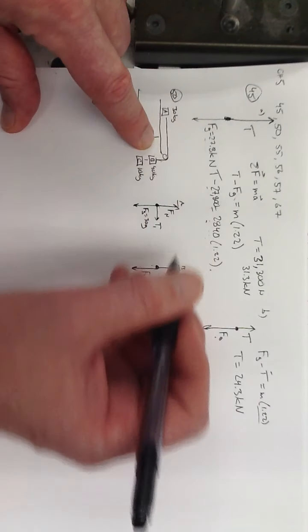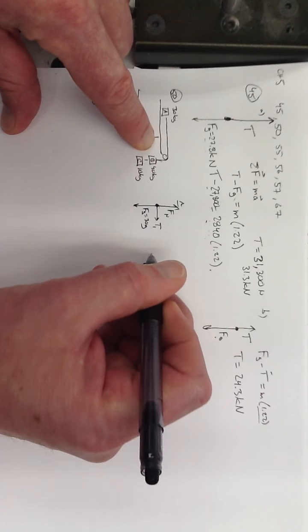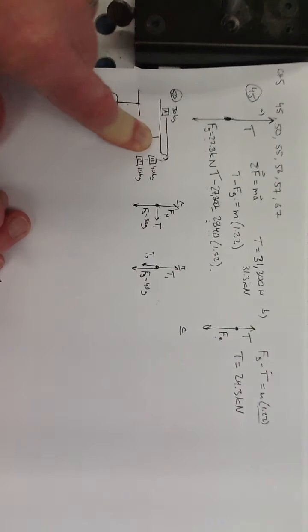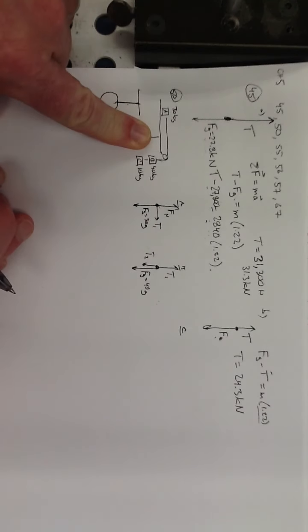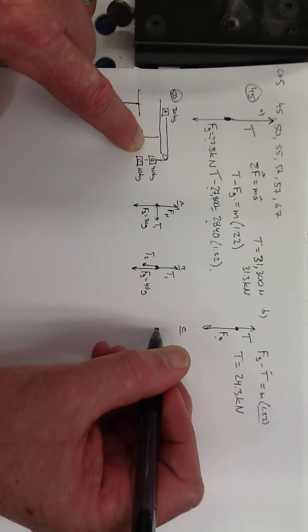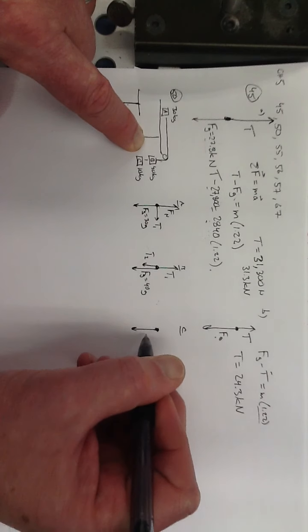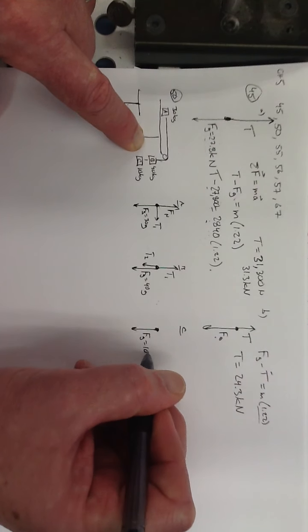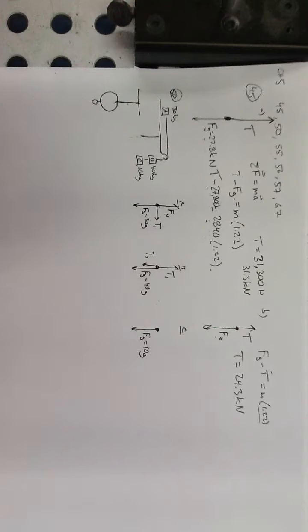And it also has this T2 pulling down on it. And then this one has that, and then it has the T1.